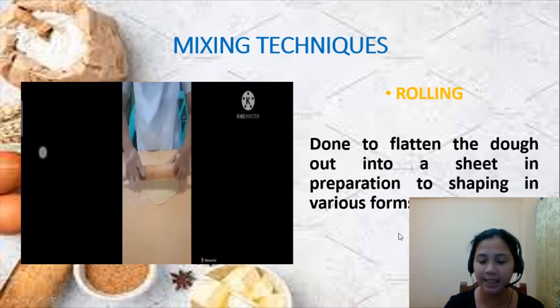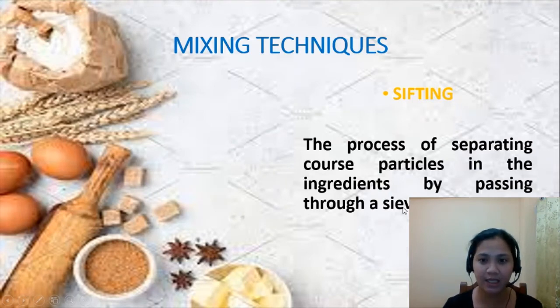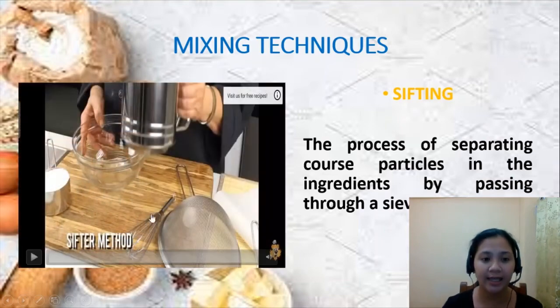Next technique is sifting. Sifting is the process of separating coarse particles in the ingredients by passing them through a sieve. Let's watch and learn.